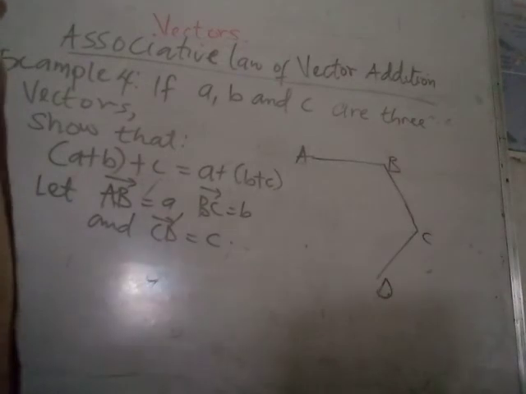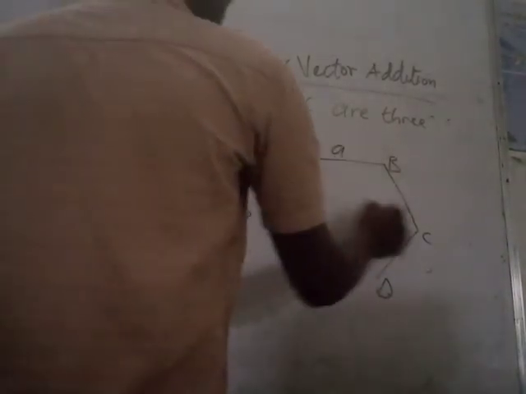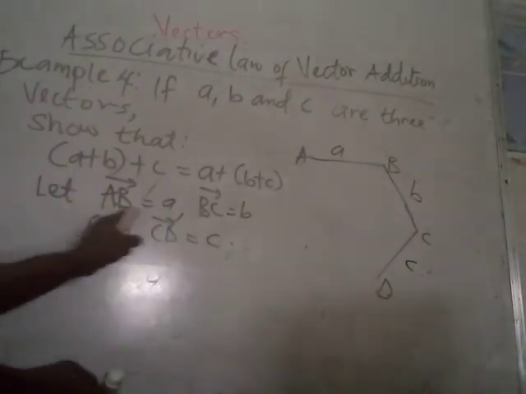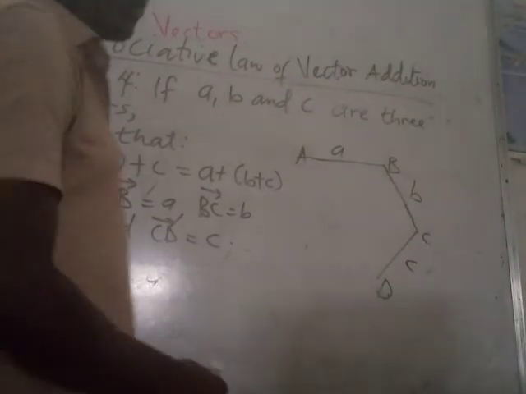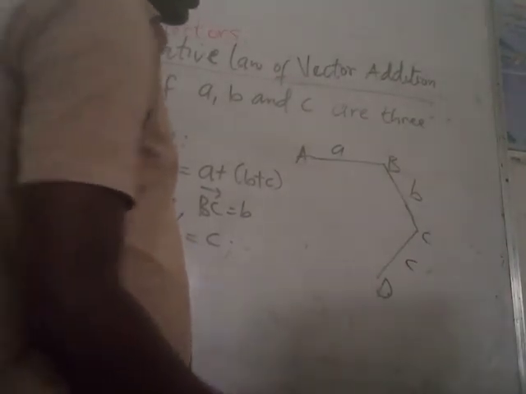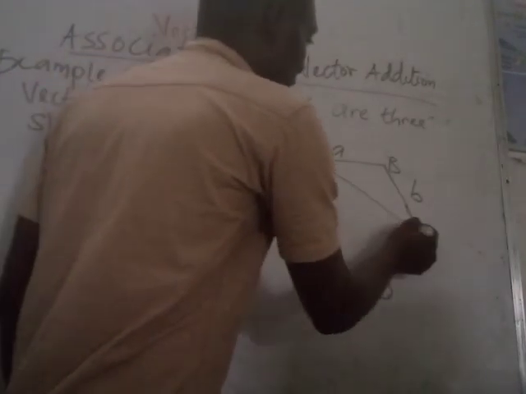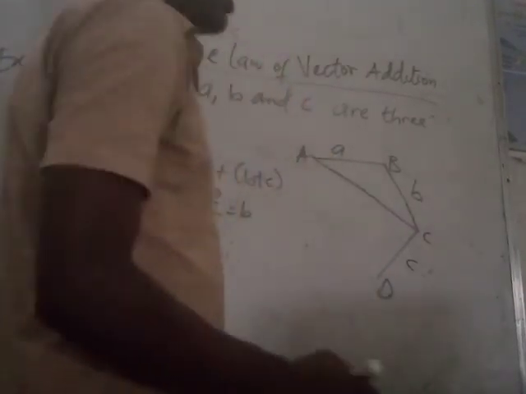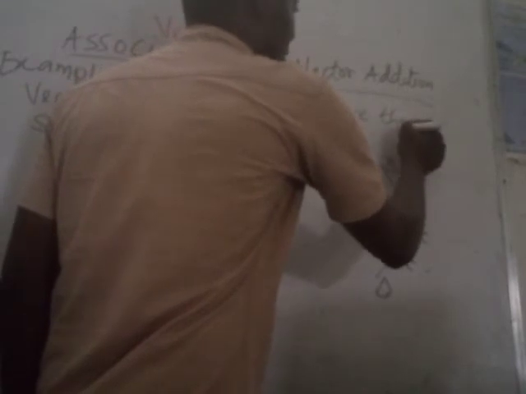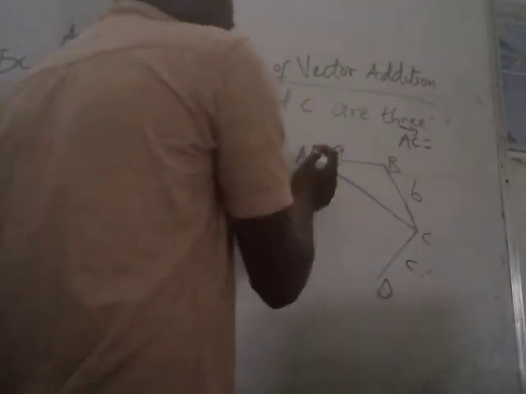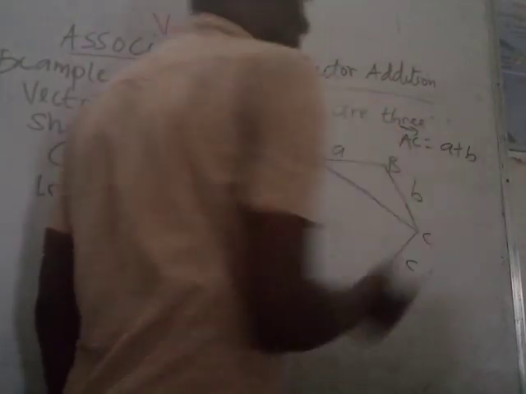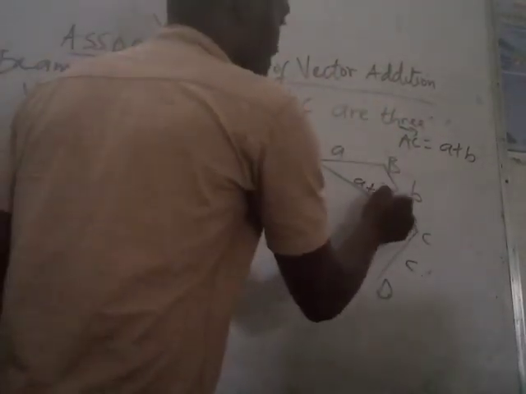Knowing fully well that this is going to be A, this is B, and this is C. So that's why I'm representing AB with A, BC with B, and CD with C. So the resultant of this vector AC, I want to start from point A, I am going to point C, so I can pass through B and then to C. So that will give me A plus B. So this is A plus B.